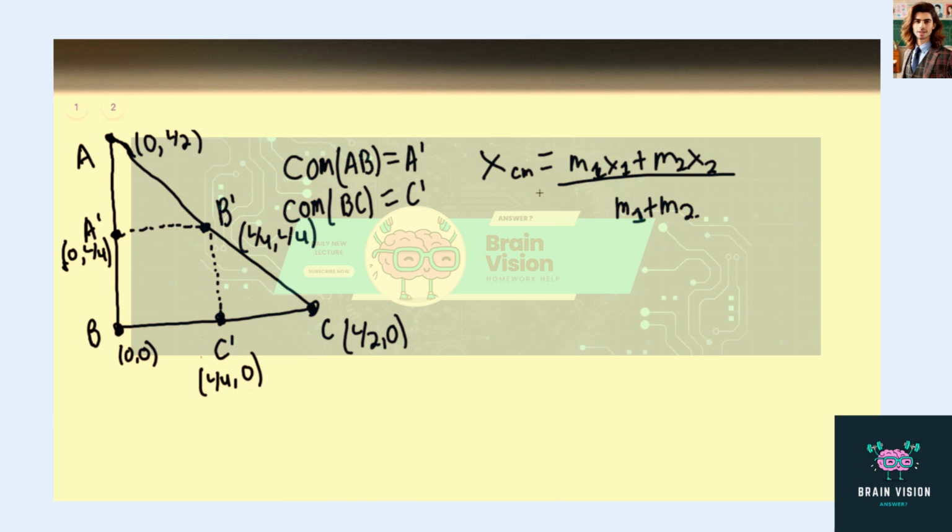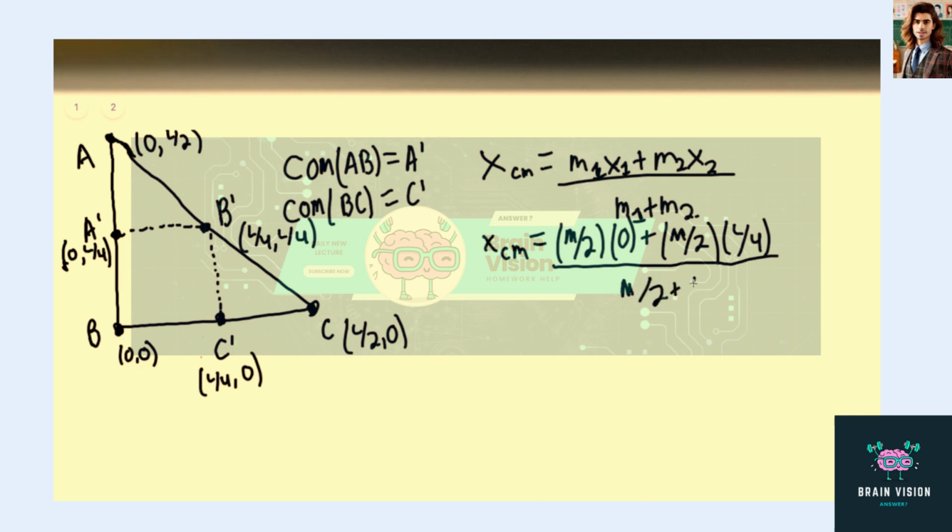And we can substitute and say that the x coordinate of the center of mass will be m over 2 times 0 plus m over 2 times L over 4, all over m over 2 plus m over 2. And this is going to be equal to L over 8.